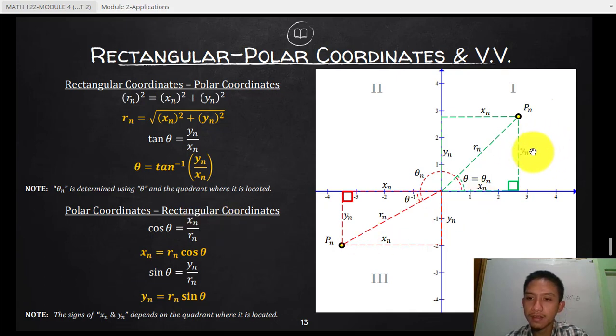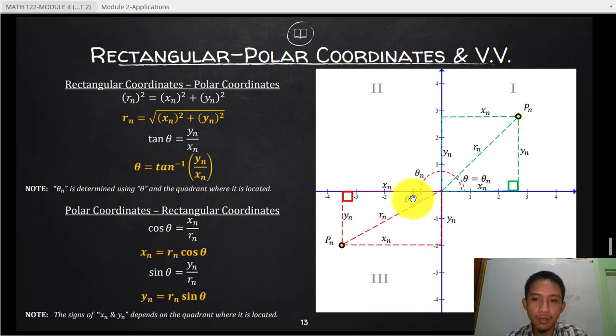How about your y? This will now be opposite over hypotenuse, so instead of cosine we will be using sine. So y sub n over r sub n, cross multiply r sub n, your y coordinate is r sine theta. Okay, even if your point is here, again the only difference is that you're given theta sub n, subtract 180 so that you will get your theta.